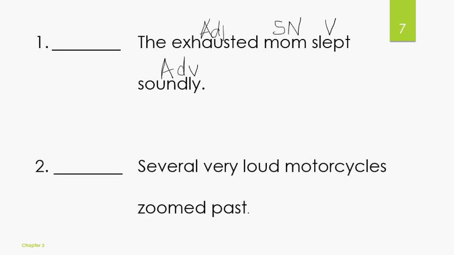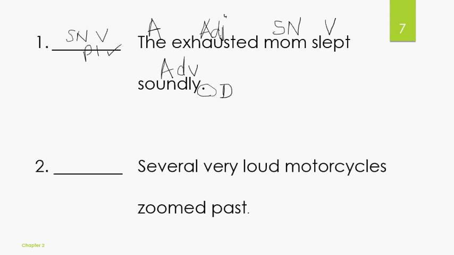Exhausted. Adjective. And the is an article adjective that we label with an A. Let's label our sentence pattern, subject, noun, verb, pattern 1. Check. Let's go to the end of the sentence. We have a period. The whole sentence looks like a statement. So the end mark flow is period, statement, declarative.